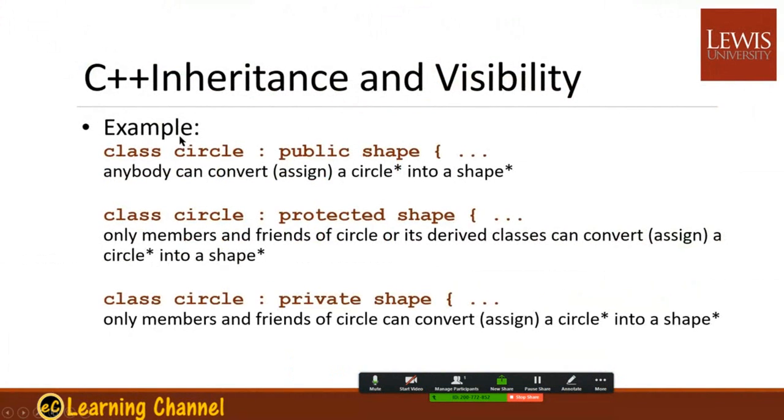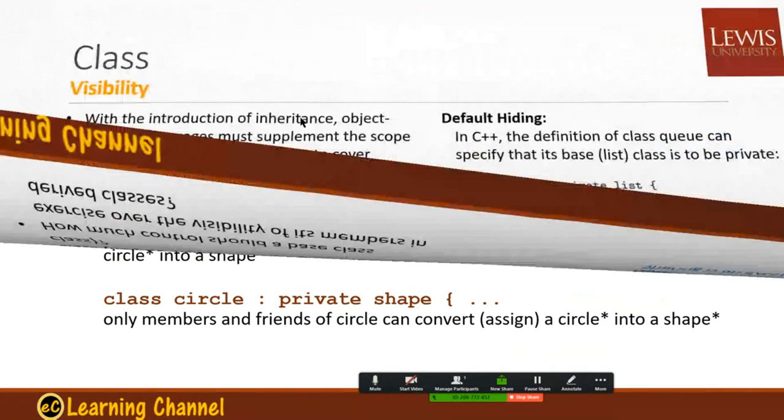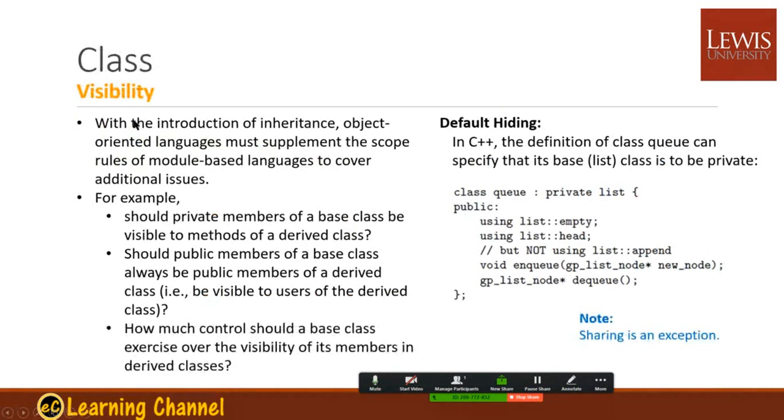C++ inheritance and visibility. C++ mainly has 3 levels: public, protected, and private, and we explained that already. Class visibility: with the introduction of inheritance, an object-oriented programming language must supplement the scope rules of module-based languages to cover additional issues. For example, should a private member of a base class be visible to the methods of a derived class?